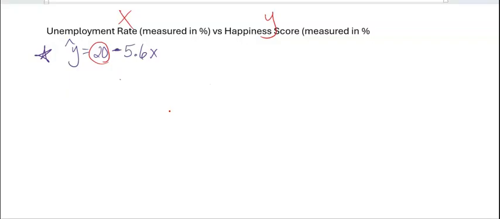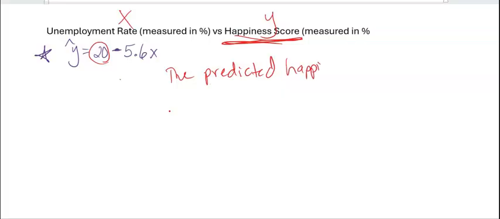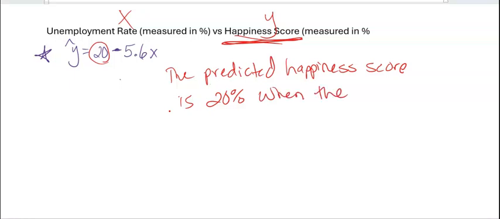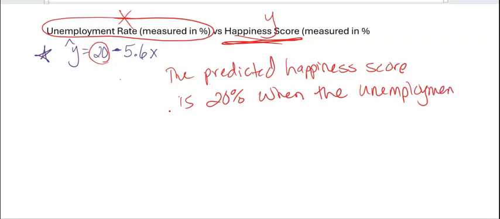So what we would have would be that the predicted, again, our y, the predicted happiness score, is 20% when, now we need our x topic here, when the unemployment rate is 0 or 0%.